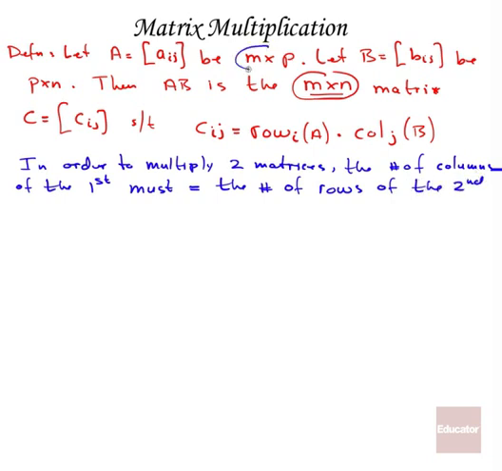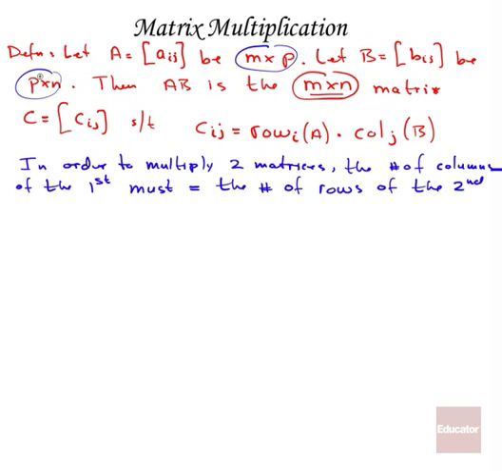And that's what this says. M by P, P by N. The number of columns of the first has to equal the number of rows. That's the only way that matrix multiplication is defined. And what we mean when we say defined is if they're not the same, you can't do the multiplication. It's the only way that you can do it is if that's the case.